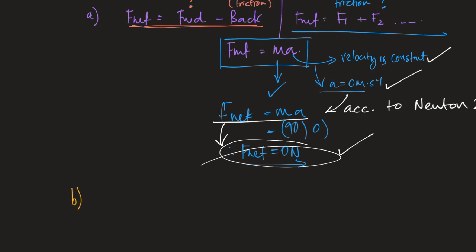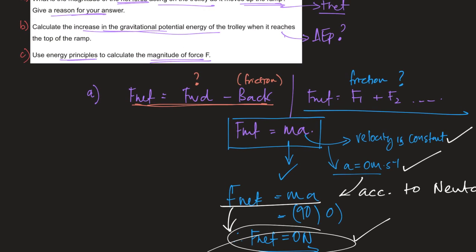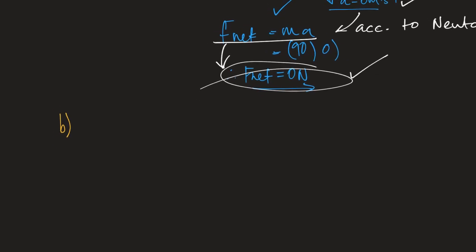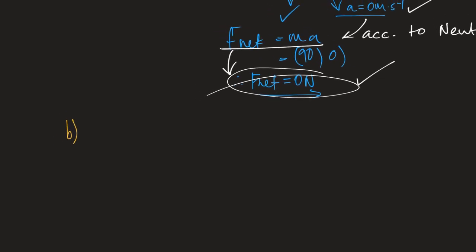Right, question B. Question B says, calculate the increase in gravitational potential energy of the trolley when it reaches the top of the ramp. So all we're looking at here is the increase in gravitational potential energy. So I know I have change in gravitational potential energy is equal to the final potential energy minus the initial potential energy.